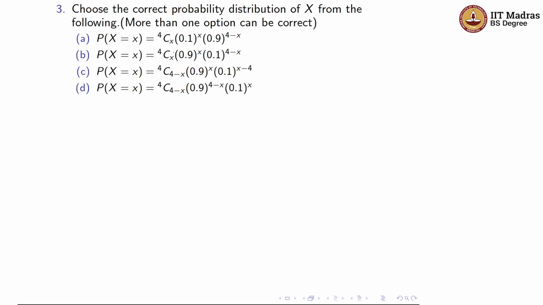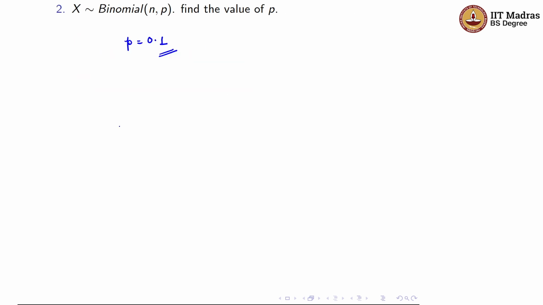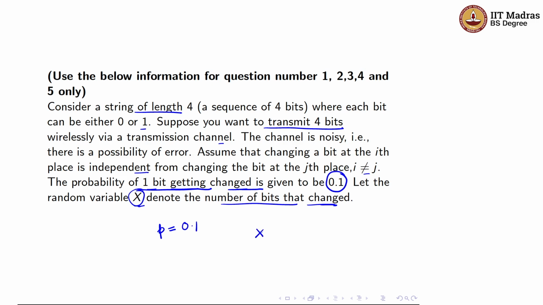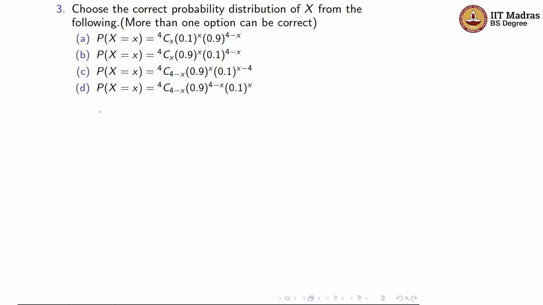Question number 3: Choose the correct probability distribution of X from the following. More than one option can be correct. Here X follows a binomial distribution with parameters n equal to 4 and p equal to 0.1, which we have already calculated.